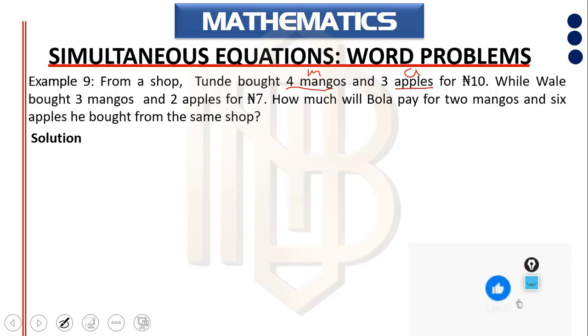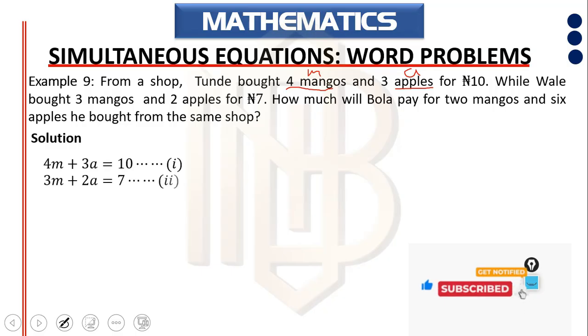That's going to give us 4M plus 3 times the cost of 1 apple, which is going to be 3A. 1 apple is A, 1 mango is M. I'm just taking you through the process of the interpretation. So that means you have 4M plus 3A equals 10. You can tag down your equation 1.